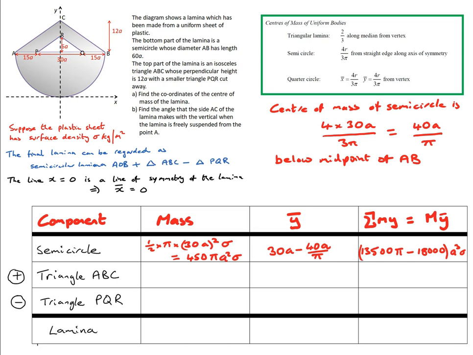If we multiply that out, we get 135,000 pi a cubed sigma minus 18,000 a cubed sigma. Taking a cubed sigma out, we've got 135,000 pi minus 18,000, times a cubed sigma.